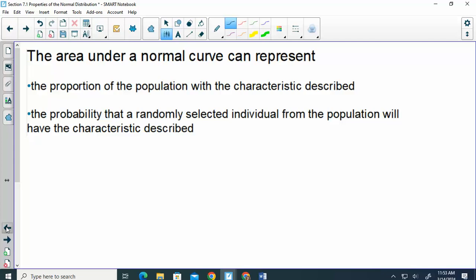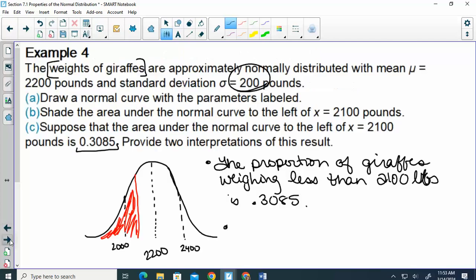We can think of it as a proportion of the population, describing our population of giraffes: 30.85% are less than, 69.15% are greater than. Or we could think of it as, if I go pick a giraffe, the probability that its weight is less than 2,100 pounds is 0.3085.